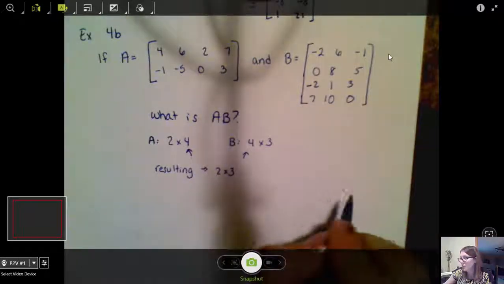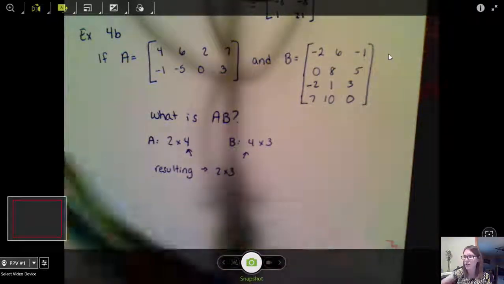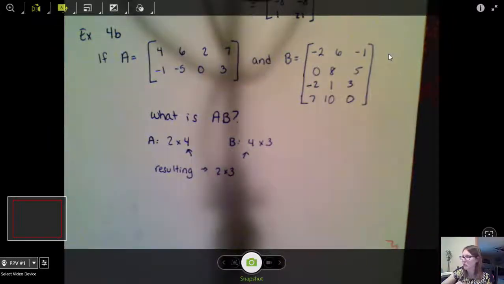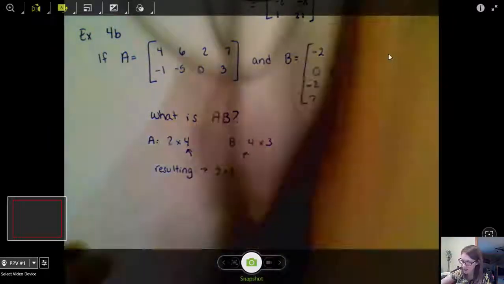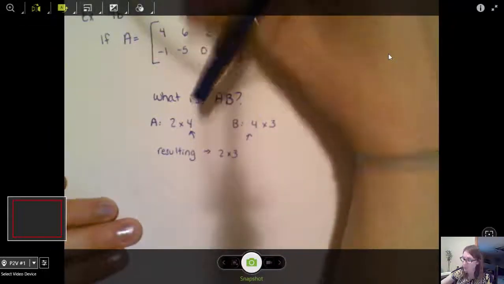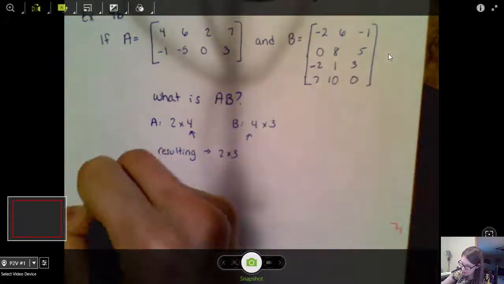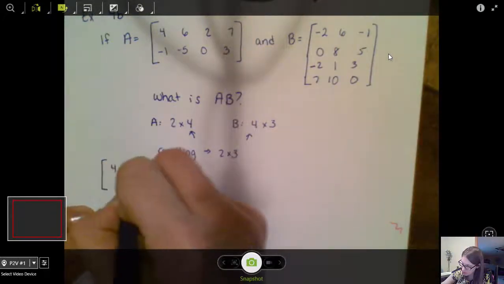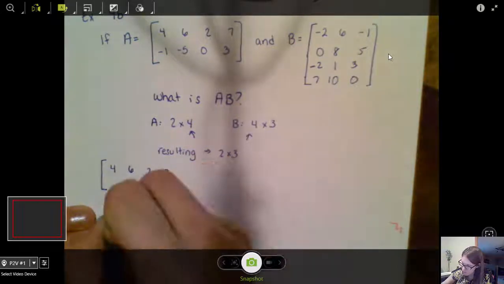And that's nice to know, just so you can keep track and make sure you're not doing things that you're not supposed to be doing. Now let's dive in and do our matrix multiplication. Rewriting our matrices here.